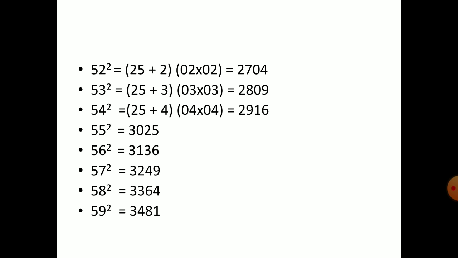Similarly, we can go for 55 square as 3025, 56 square 3136, 57 square 3249, 58 square: 5 5s are 25 plus 8 is 33, and 8 8s are 64, so 3364. 59 square is 3481.